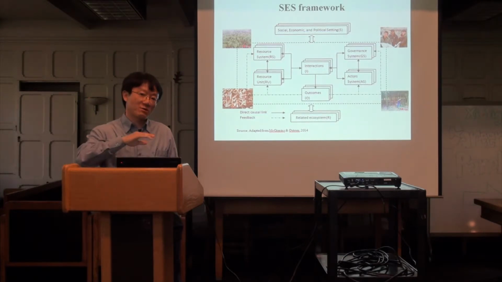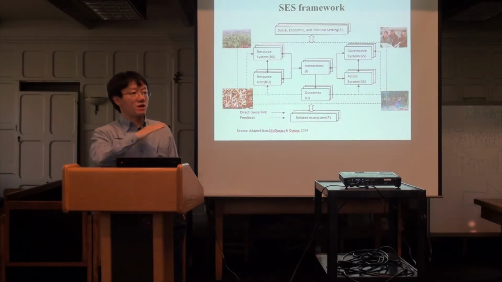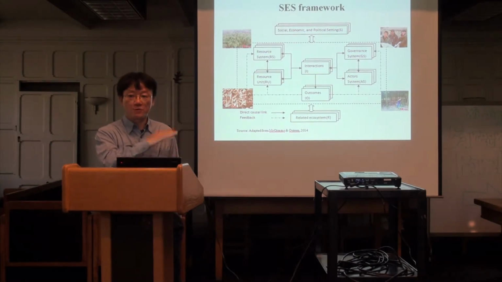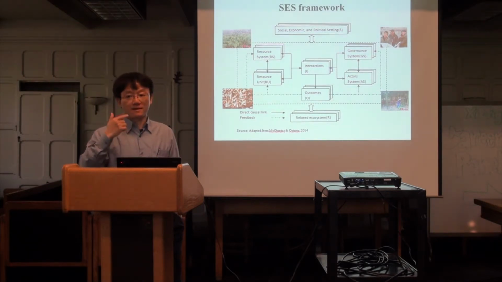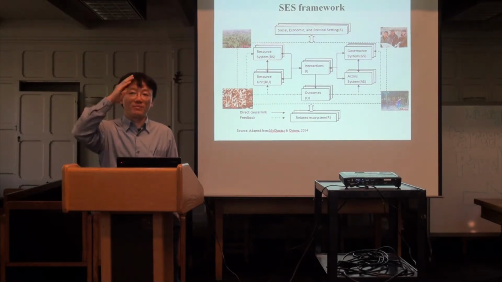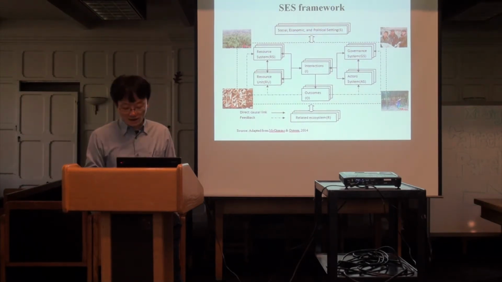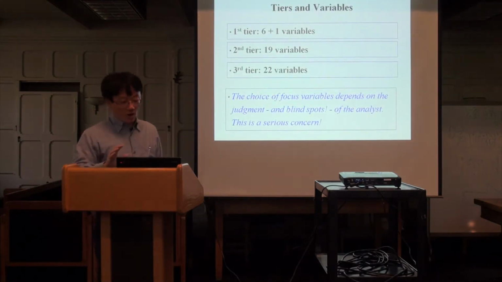That means we can have several second tier variables to describe the characteristics of a resource system. And we can describe in more detail with third tier variables. Multiple tiers. Yes, this makes the framework very complicated.